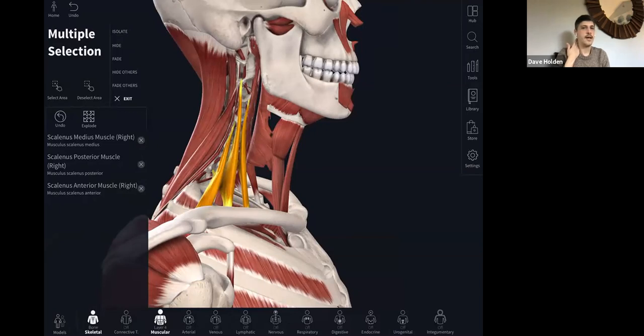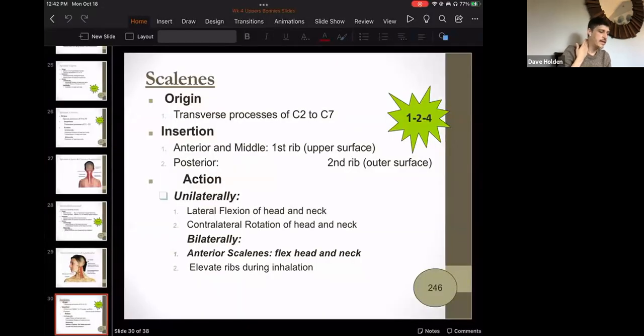Any way they pull, it's basically going to be pulling the neck down towards the shoulder. But we will get a little bit of rotational assistance. So these guys will be Robins, not Batman, for movements like rotation. When you think about rotation, you think of larger muscles like upper trapezius, SCM, splenius capitis, splenius cervicis, guys like that. These tiny little scalene muscles, they're not going to be the prime mover of nothing.